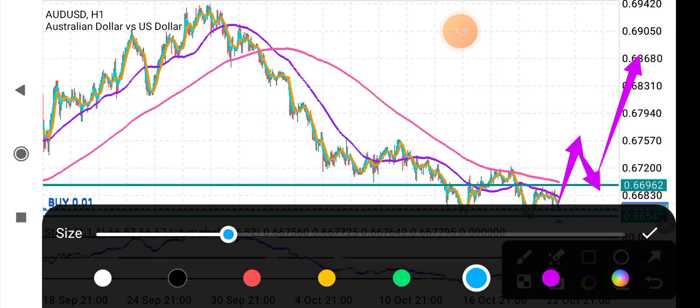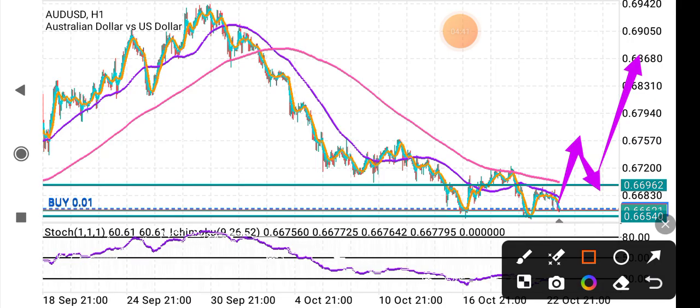Let us give it green. So if you're still a beginner, you can enter somewhere here when the market is going to reverse, or a very safe zone here.